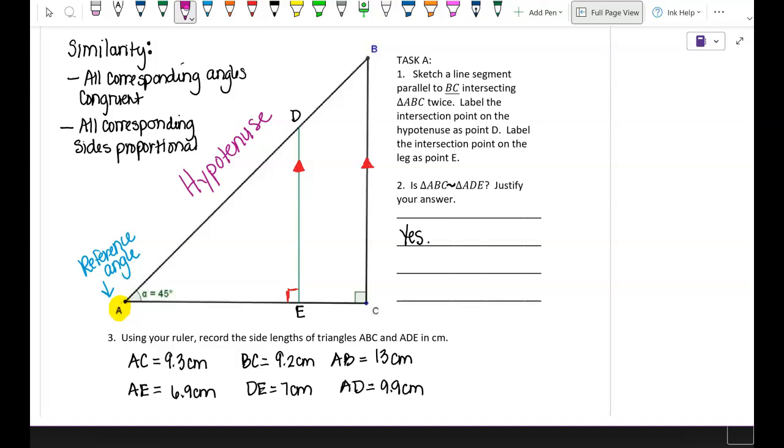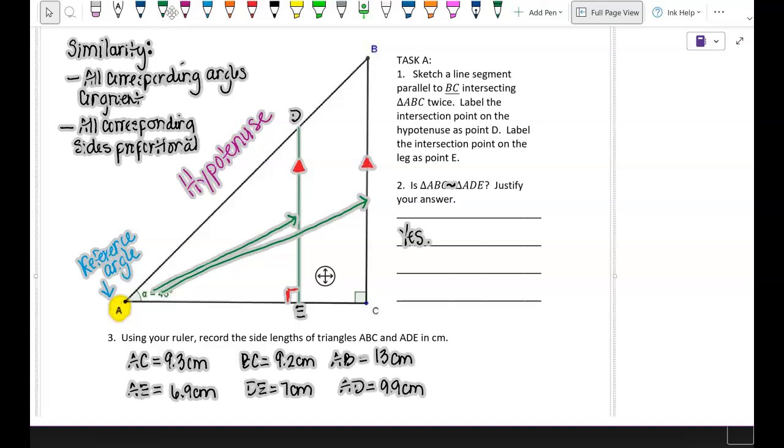Now we have to talk about which one is the opposite leg and which one is the adjacent leg. So if this is my angle, my reference angle, opposite, I'm going to draw two lines because I have two opposite sides here. Opposite of that angle are BC and DE.